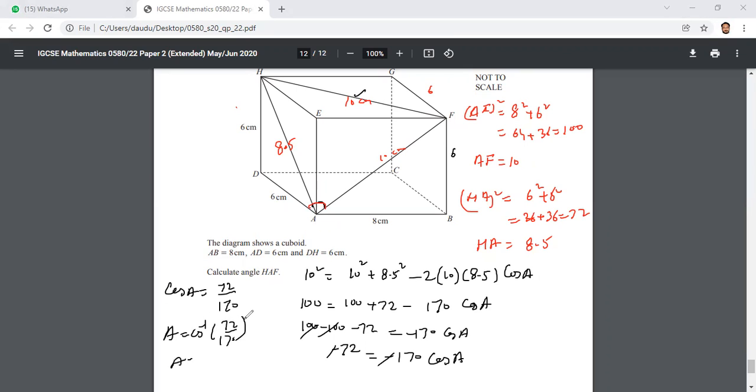If we check in the calculator by using shift cos, we will get the answer 64.9. That's it, boys. So this is our answer, and I hope you get all the answer solutions, and see you with the next video.